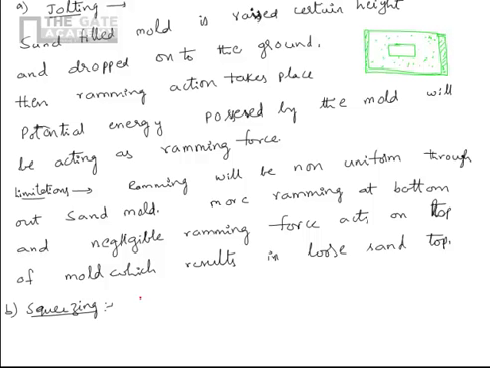So here, for example, the drawing is: this is a mold, for example a molding box, and this is molding sand.